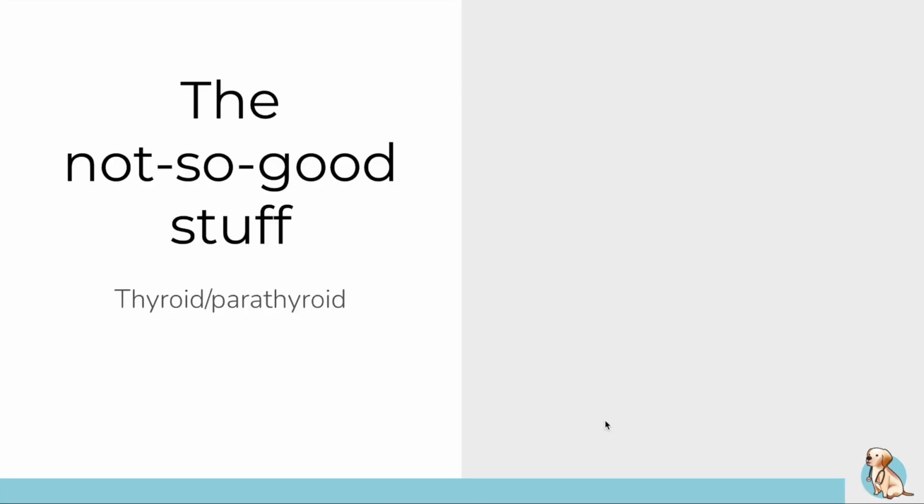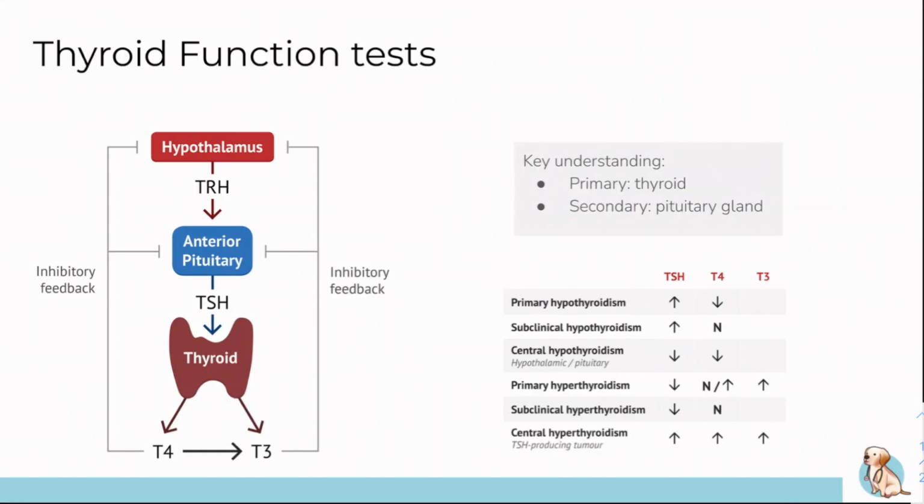Okay, now that we've talked about the normal physiology of the thyroid and parathyroid, let's talk about what happens when things don't work as they should. So the first thing I want to talk about is thyroid function tests and looking at the difference between primary and secondary hypothyroidism. So, let's think about the thyroid hormones that are important.